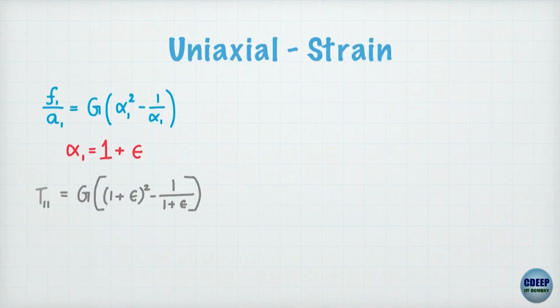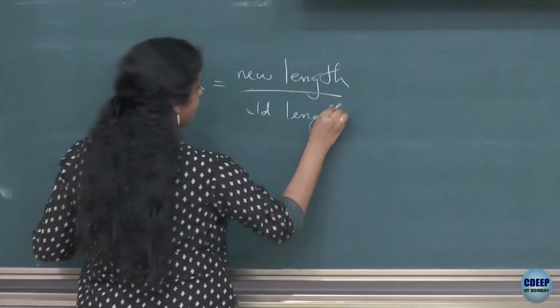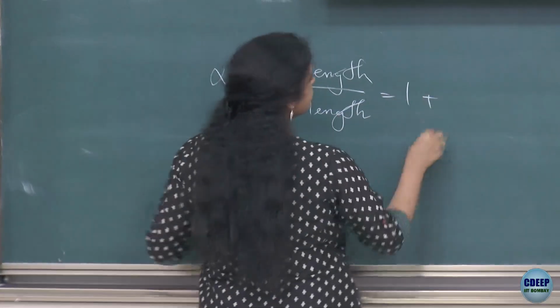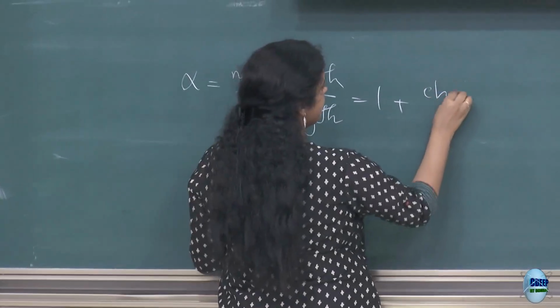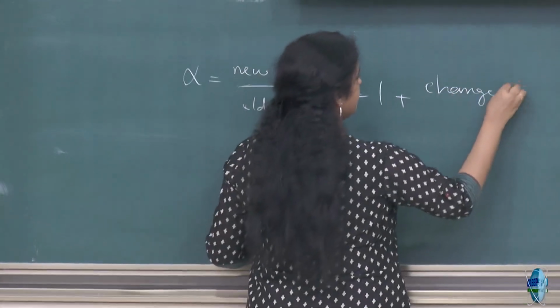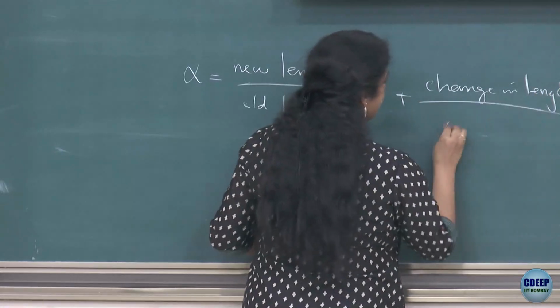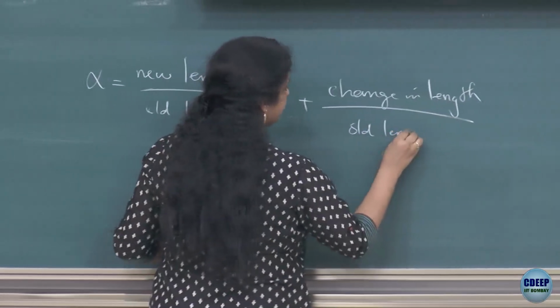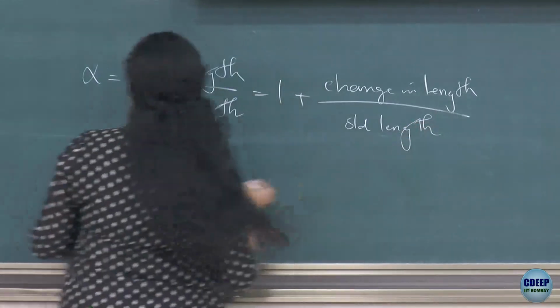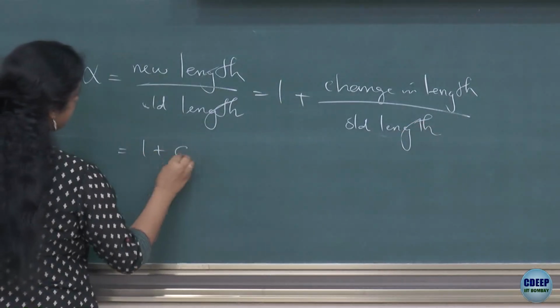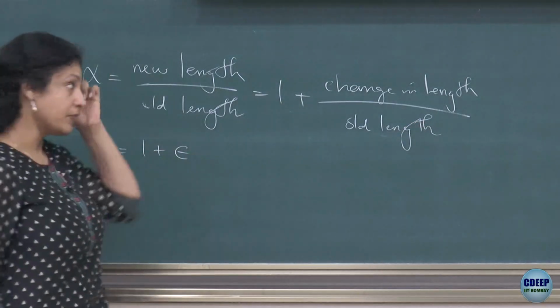Alpha, which is the new length by old length, can simply be written as 1 plus change in length by old length, which is just 1 plus epsilon.